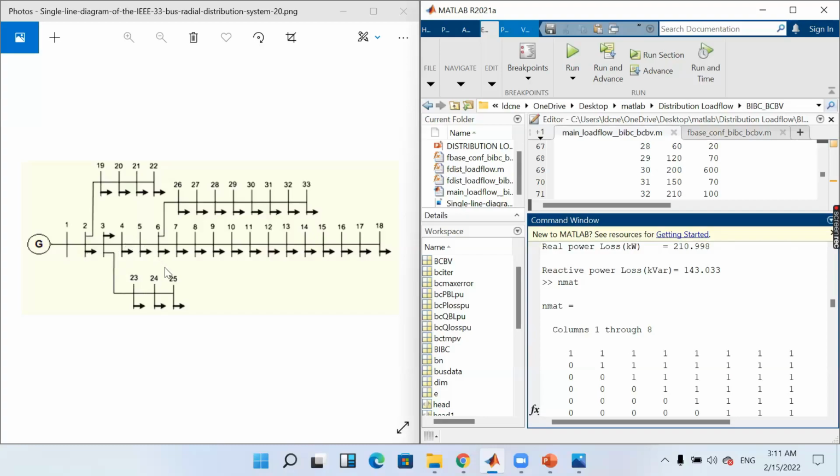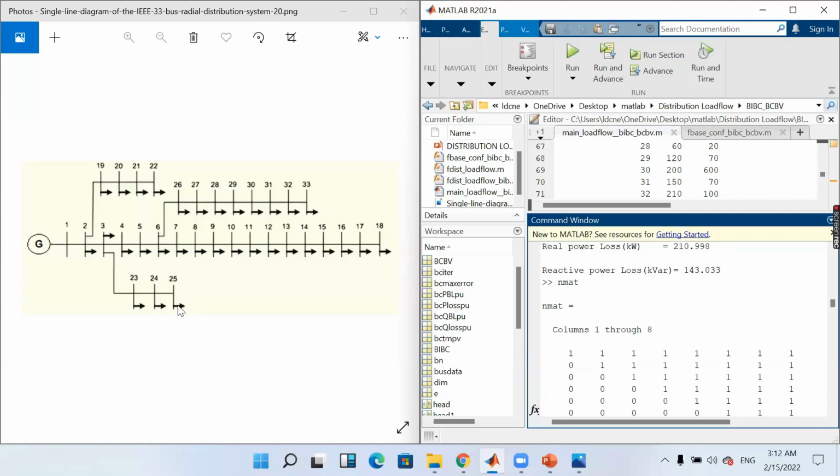Likewise, for feeding the load of bus 25, power flows through bus 1, bus 2, bus 3, bus 23, bus 24 and bus 25. Row indicates that from that bus, the power flows through which buses, and column indicates that for feeding the load of that bus, power comes from which buses.